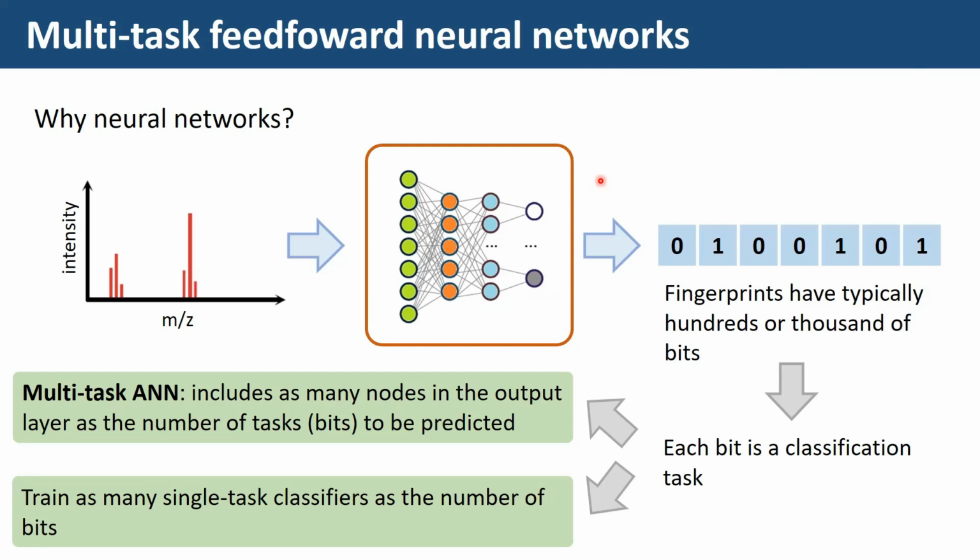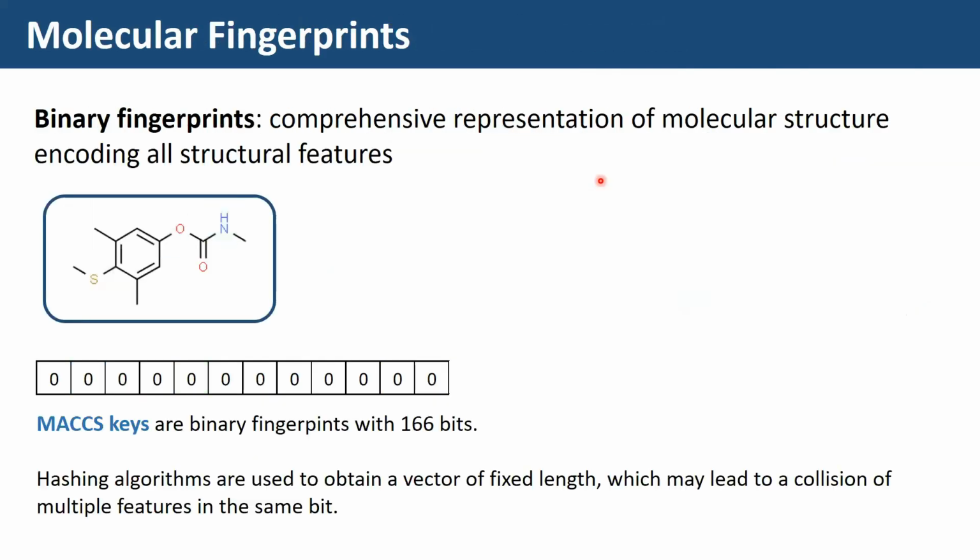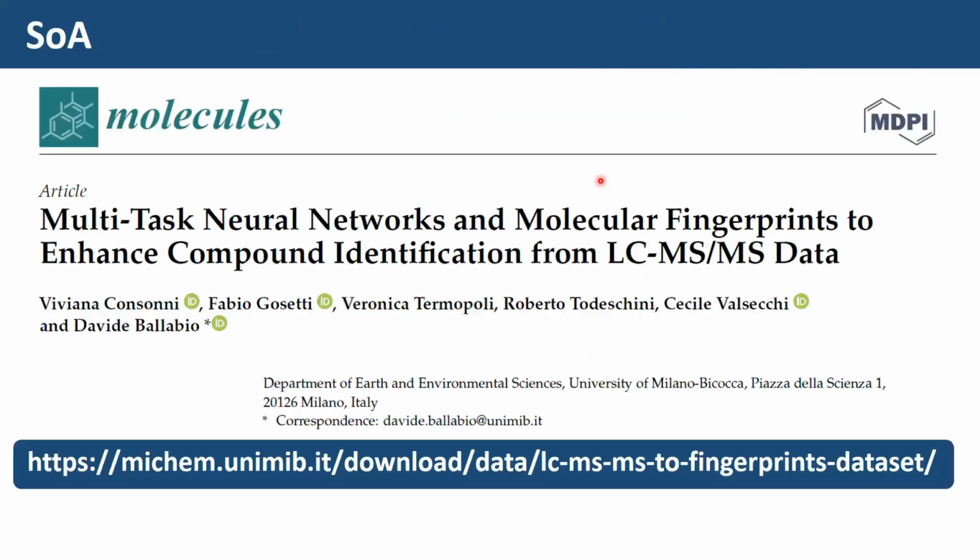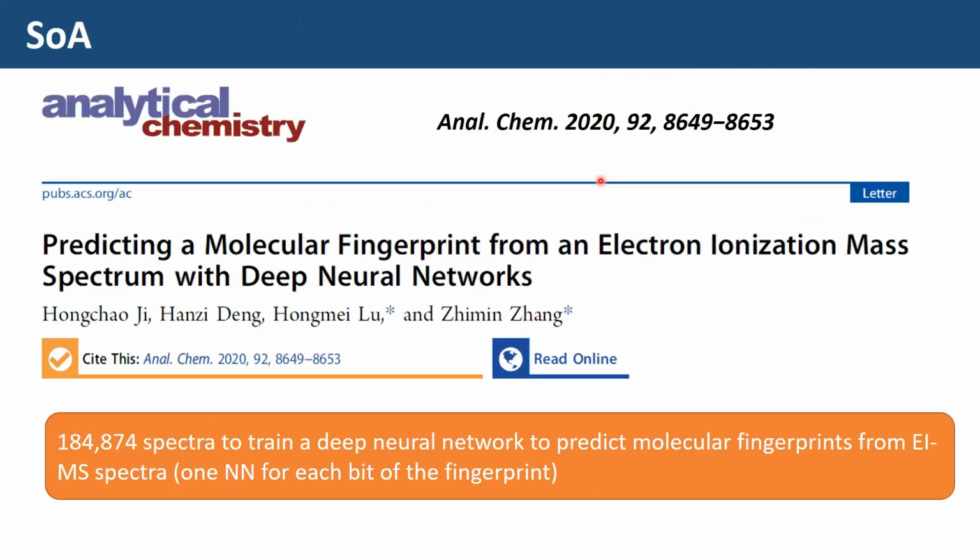But of course, you can use different things, and people, for example, in this work, used neural networks, but they calibrated one neural network for each bit. So the same method, but a different approach, in the sense that they did not use multitask neural networks, but they got a neural network for each bit.